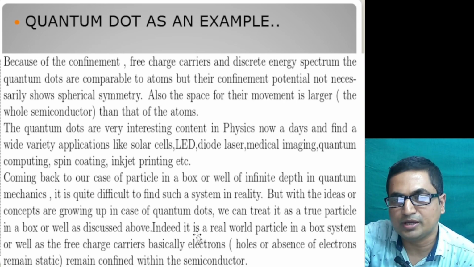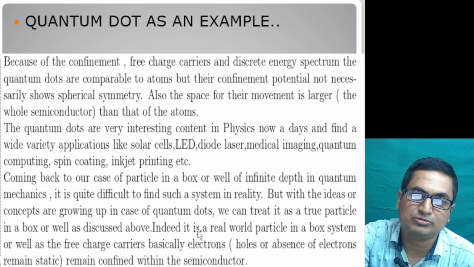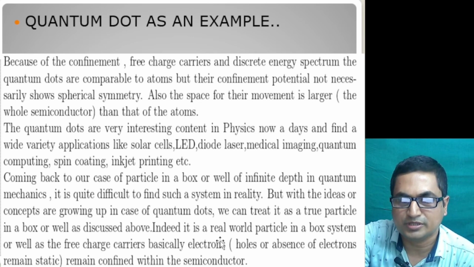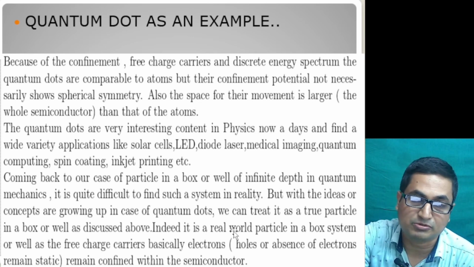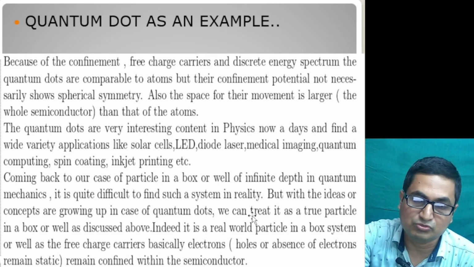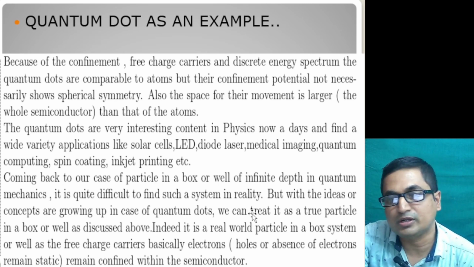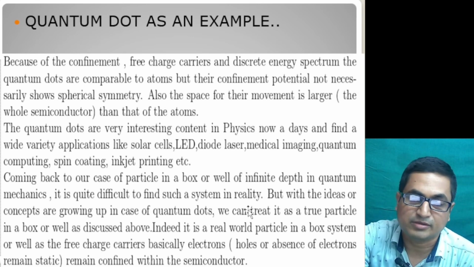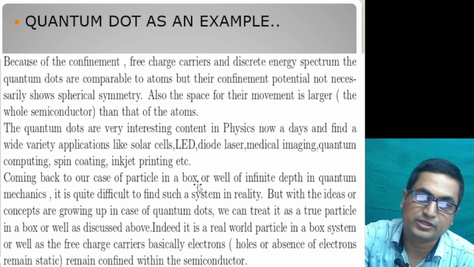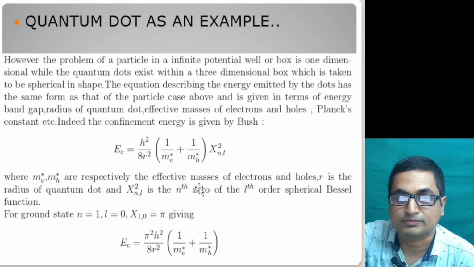The reason we say that a quantum dot is an example of this application of the time independent Schrodinger equation is that the electrons are confined within the semiconductor, just like with barriers on the two sides, or in two or three dimensions, they have been blocked, and that's why they resemble the case of this particular application.